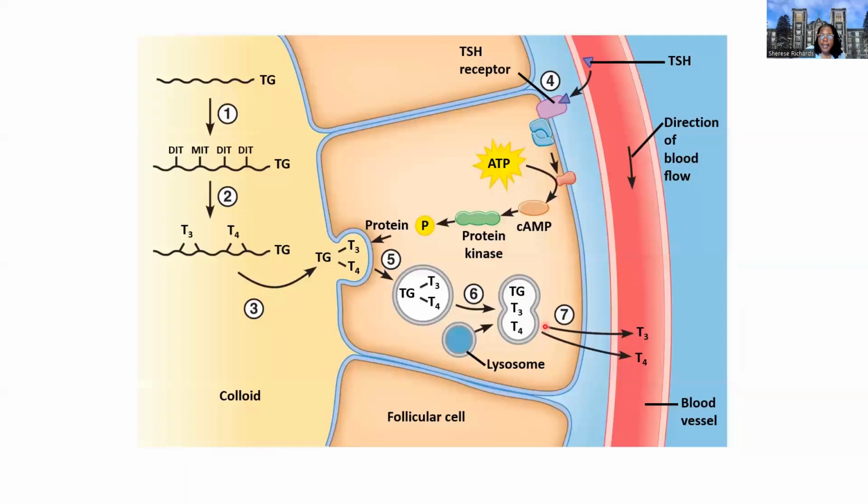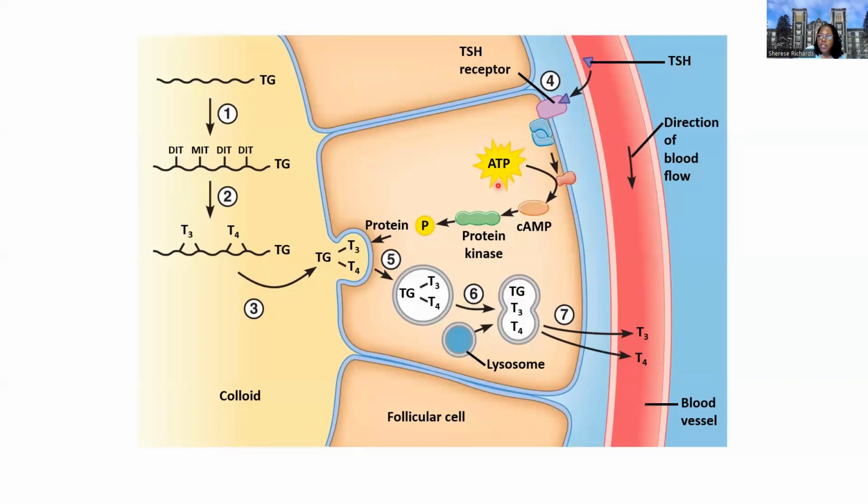Let's look at a zoomed in perspective of that. Here's the colloid in the center, or the lumen of the follicle. Here are the follicular cells that are responsible for taking this raw material and making thyroid hormone from it. And here are the blood vessels in between the follicles where this thyroid hormone can be released.